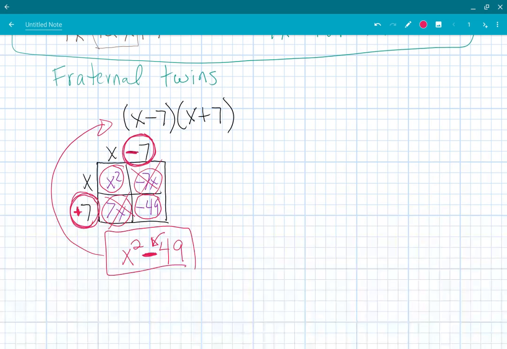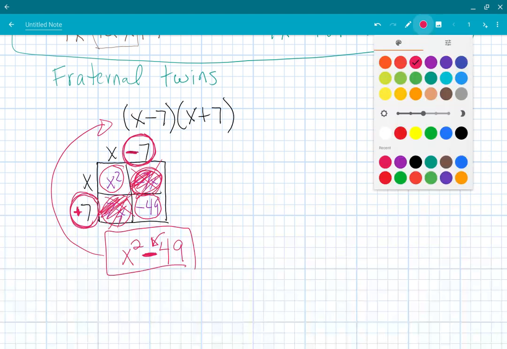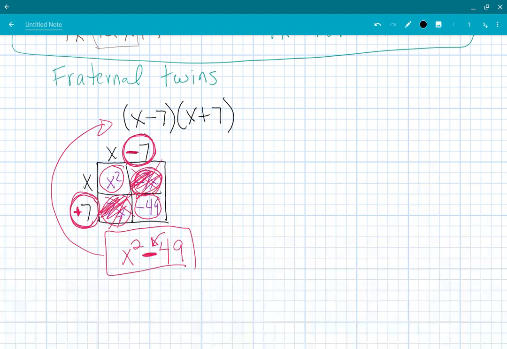Now, my favorite are fraternal twins because these two cancel each other, right? This one cancels that one. All right, let's try it with another one. Okay, Claudia, can you give me fraternal twins? X minus 5 and then x plus negative 5.